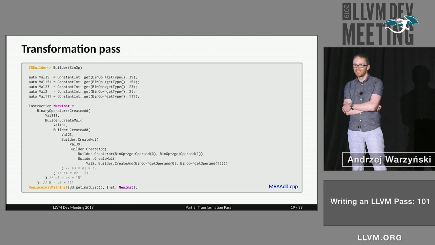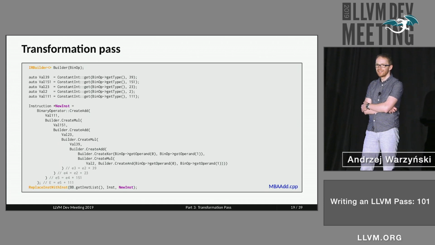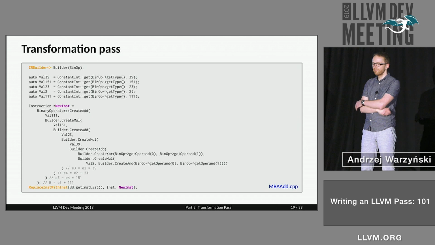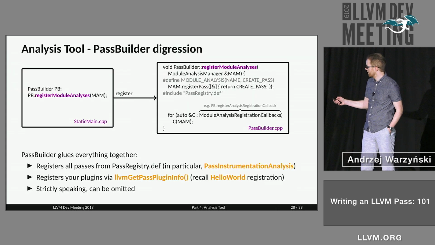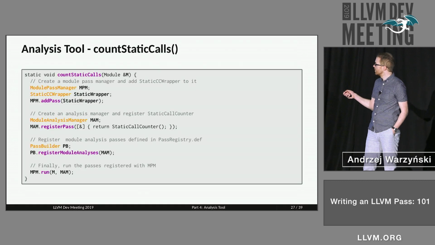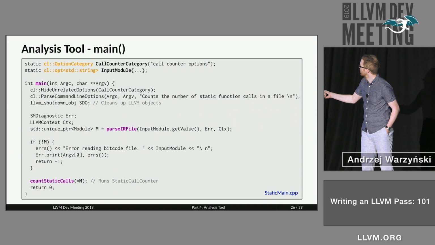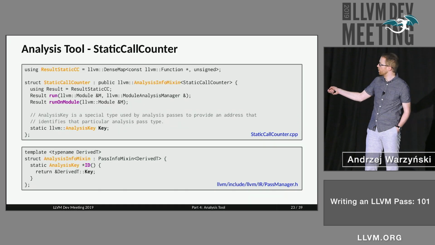I guess I have a second question. How does the pass manager know if your pass is a module pass or a function pass? In the old pass manager, I recall that it has a base class that you inherit from. Yes, that's a good point. So, for instance, when I was implementing StaticCallCounter, let me get back. Yes, so this is my StaticCallCounter.